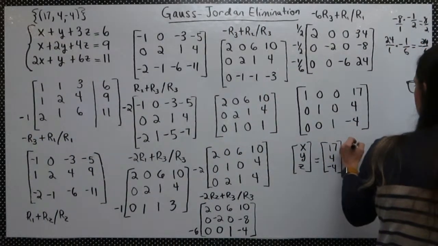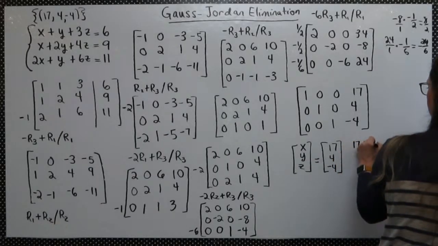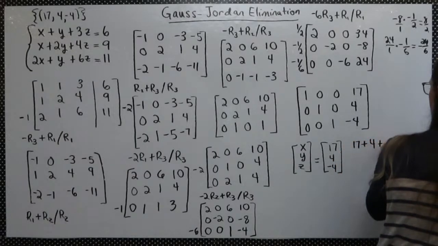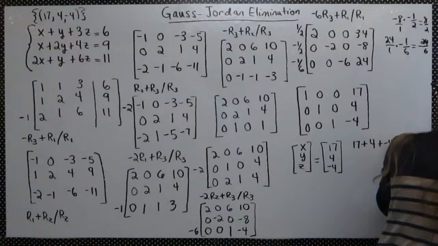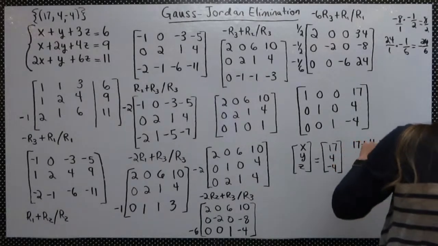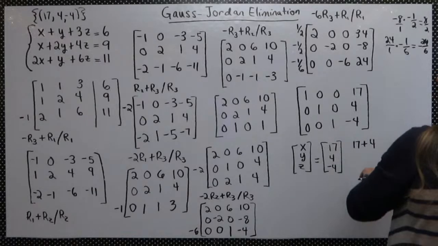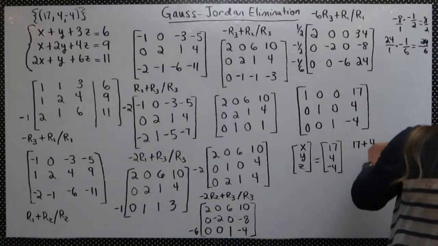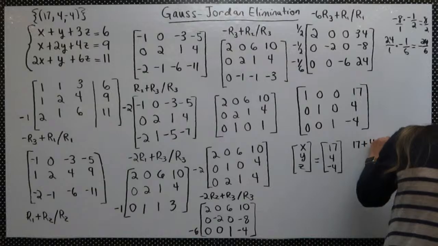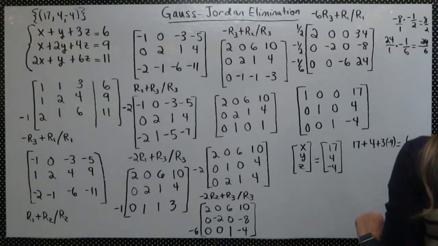So we've got 17 plus 4 plus -4, see if that equals 6. Oh, thank goodness it's 3. 17 plus 4 plus 3 times -4 is what it is. See if that equals 6.